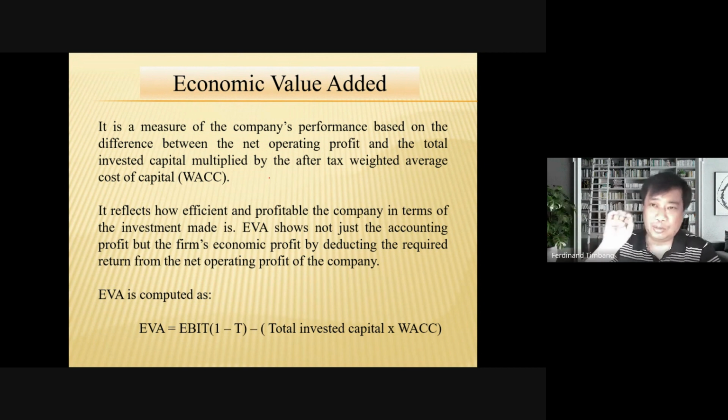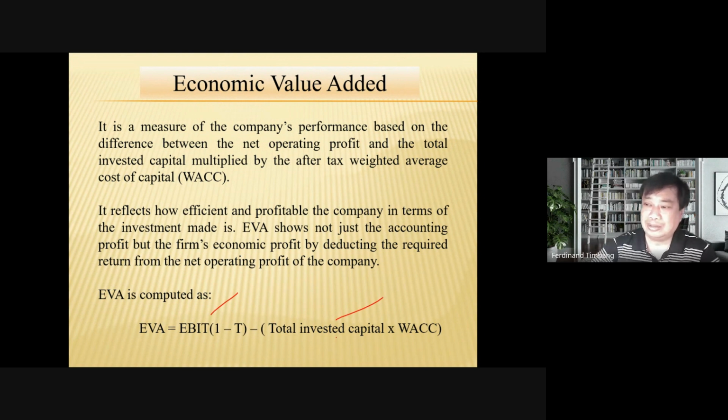So the correct way to compute it is that the EBIT should be more than the return on the cost of capital of your investment.